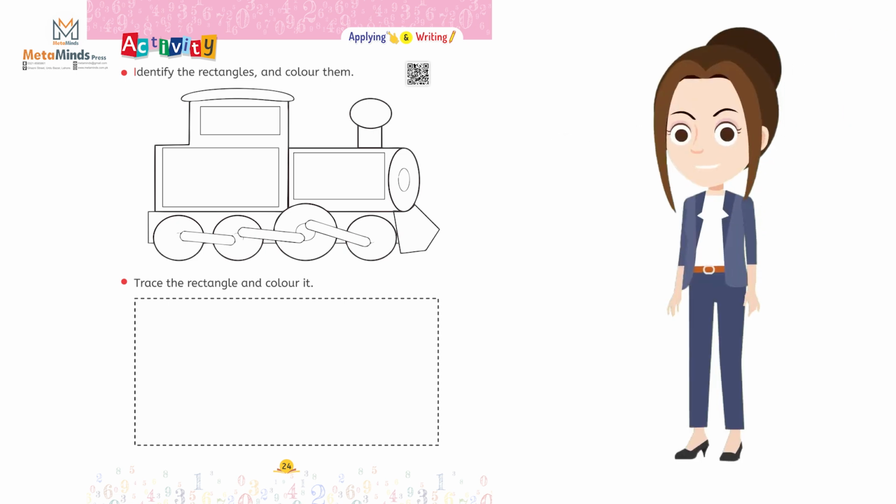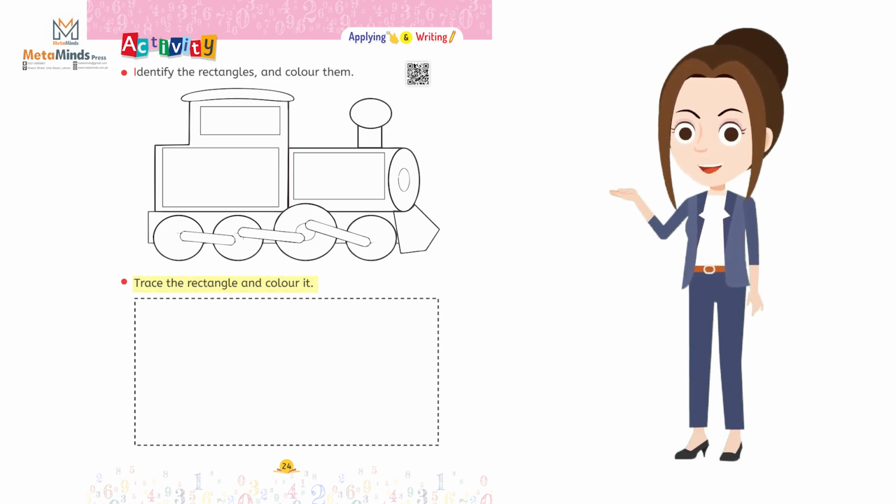This train has lots of shapes, some triangular shapes, circles, but you just have to color the rectangles. The second question says, trace the rectangle and color it. Do the tracing very nicely, my dear kids, and after tracing you have to color it as well.